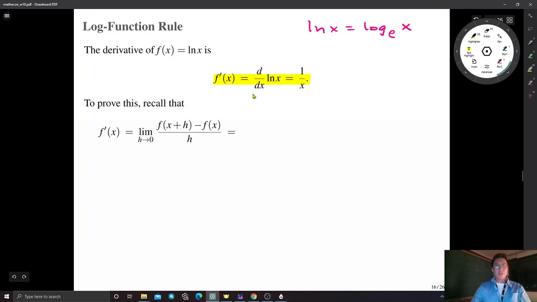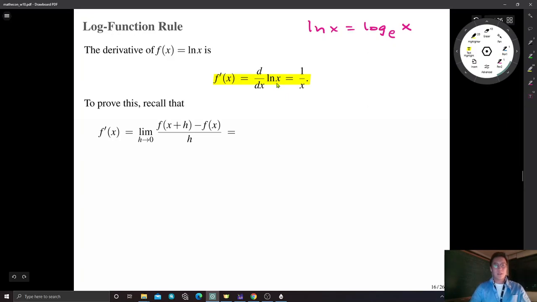So the way to show this is, I'm going to use the formal definition of the derivative. Remember, the derivative is defined as the limit of the rate of change, as h goes to 0. So I'm going to use this definition to derive the derivative of ln x.